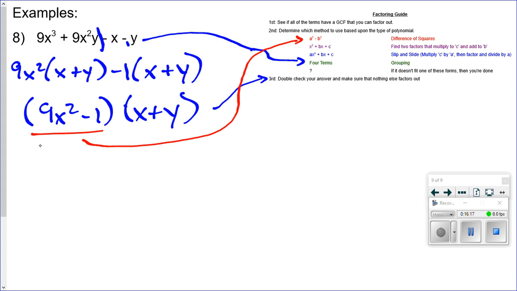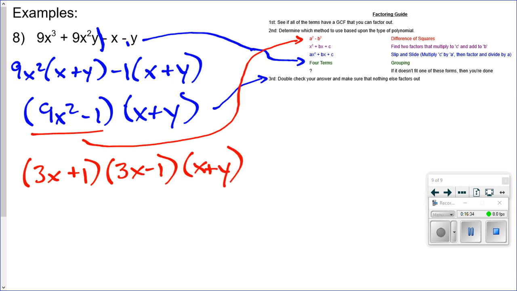So the square root of 9x squared is 3x. The square root of 1 is 1. All right, 3x plus 1 times 3x minus 1. That's how you do difference of squares. And then I still have that x plus y. And now I'm done. So that's about as tricky as one as you're going to see.